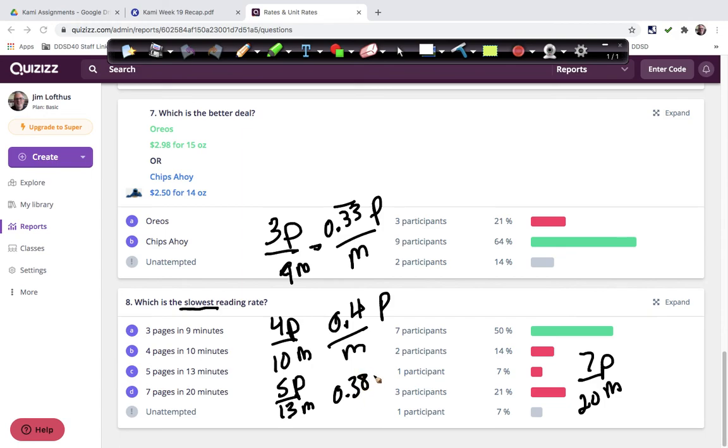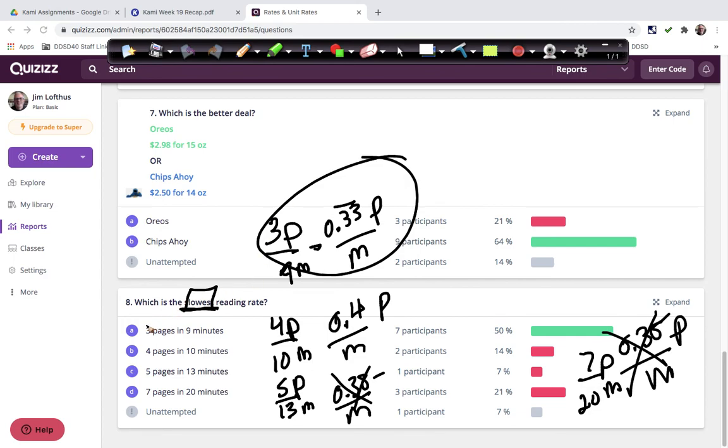And it's just rounded, it keeps going, pages per minute. And it's in between, so it's not going to be one of the extremes, so I'm going to ignore that one. It's not a possibility for the answer. And then 7 divided by 20 is 0.35 pages per minute. So these two are in the middle. And we want slowest, so we want the least amount of pages per minute. So that's how half of the people got that answer right there, A.